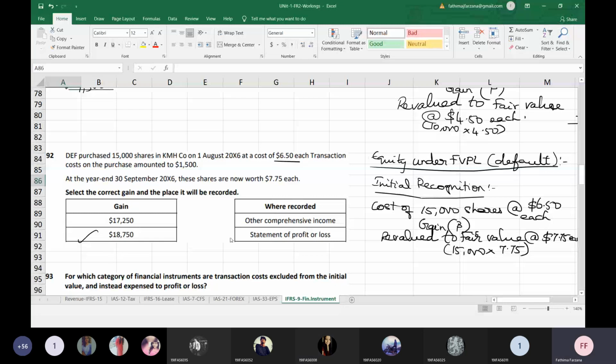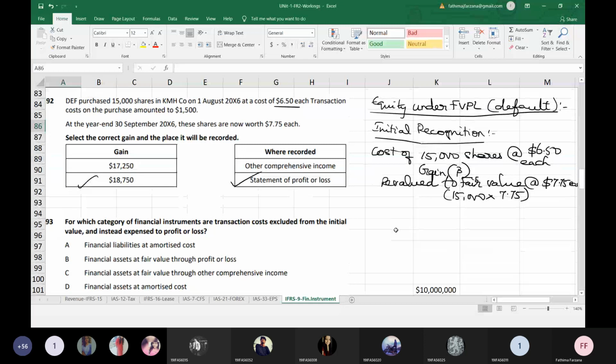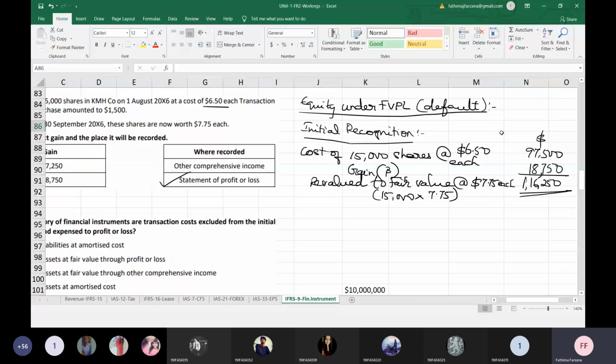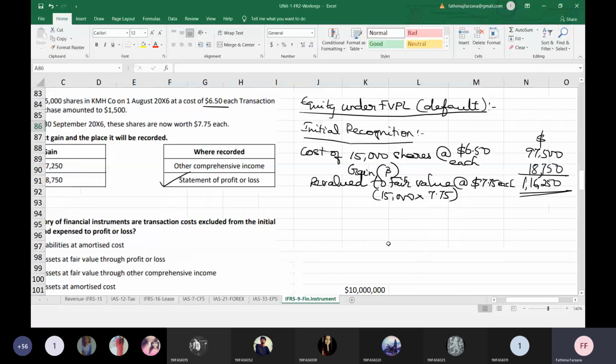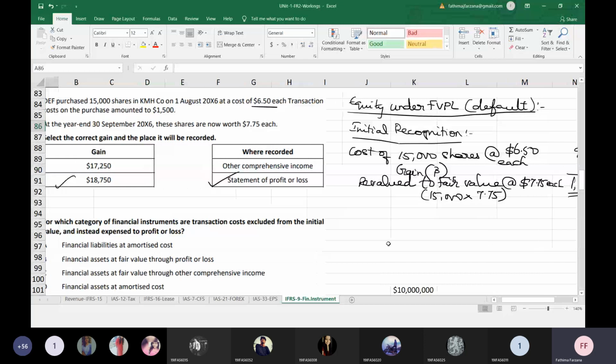SOPL. Done. Correct. If you had taken that 1,500 here, it would come to 99,000, and you would have 17,250 as the answer. That's why they give you some confusing answers here.